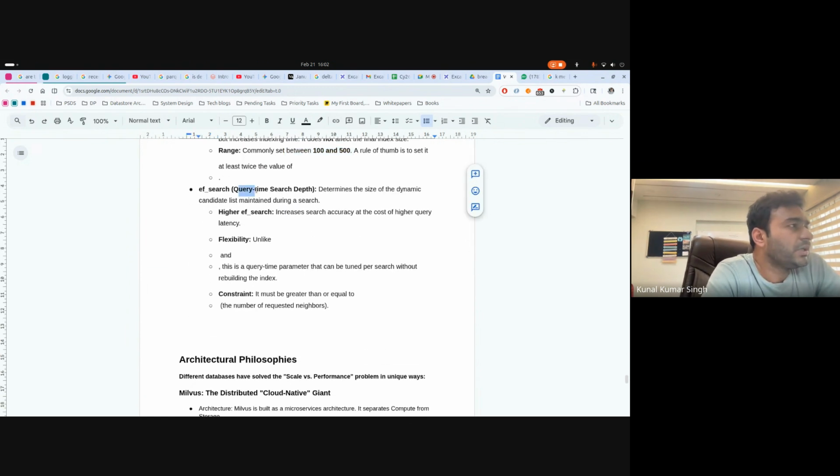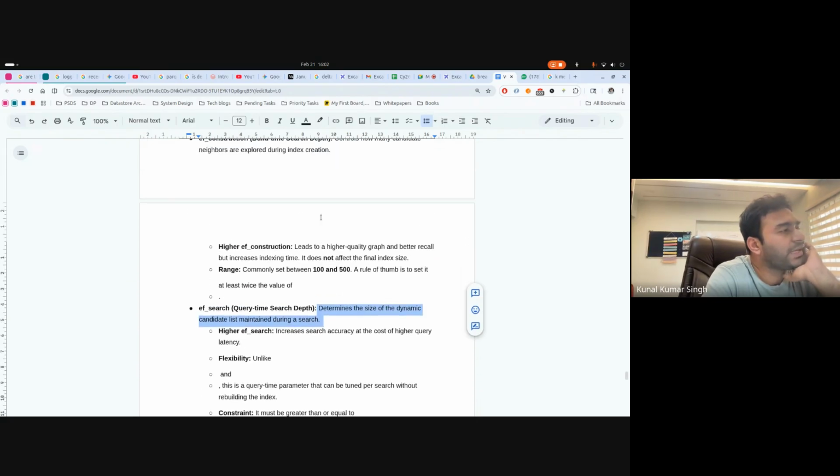EF search is the query time search depth. So it determines the size of the dynamic candidate list that is maintained during a search. So this is for when we are searching, right? So how many dynamic candidates are maintained during search? Okay.